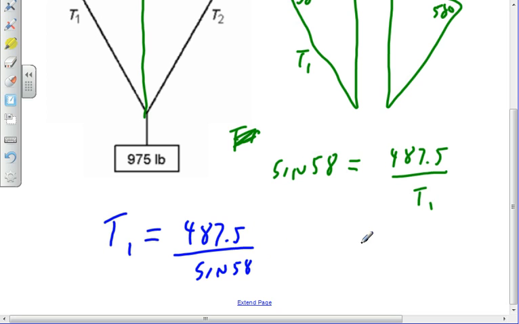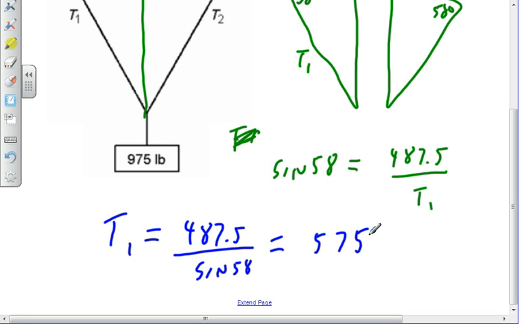Really? Yeah, really. 487.5 divided by the sine of 58. Boom. All right, so I've got 575.